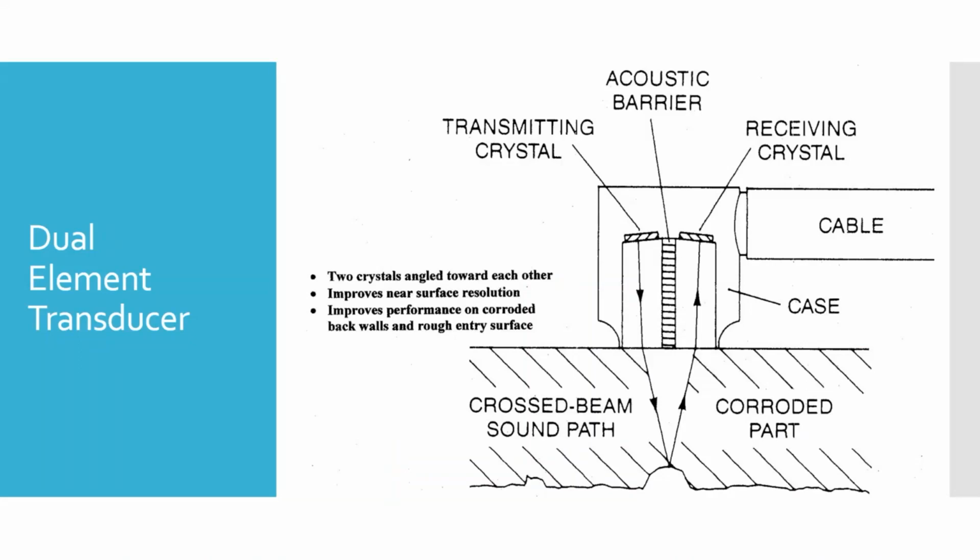But with something like this, where you have a focal point, it's got to be tuned to the material and to the thickness of the material that you're planning on using it on. So they tend to be more application specific versus the probes we have.